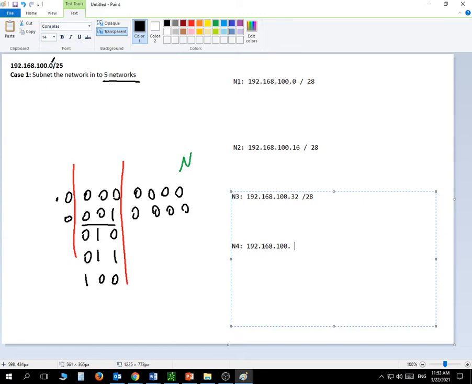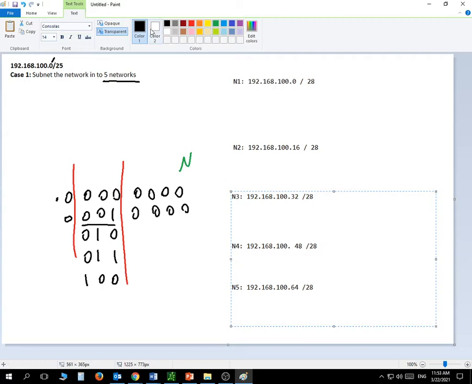That's 48. And then again, 28. And finally, network 5 will be the last one, which is basically 64, sorry. So 192, 168, 100, 64, and the prefix is 28.